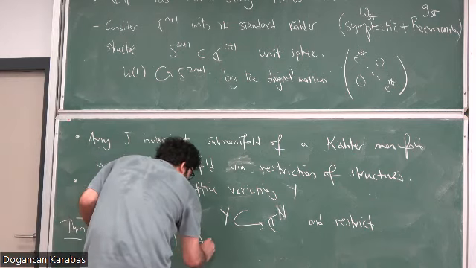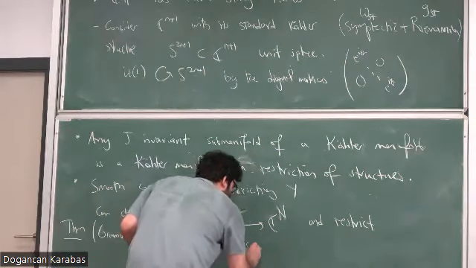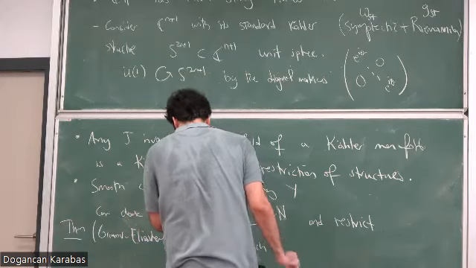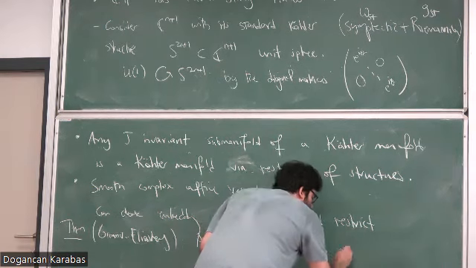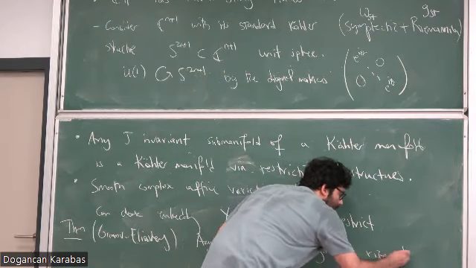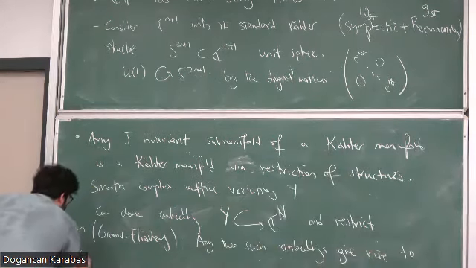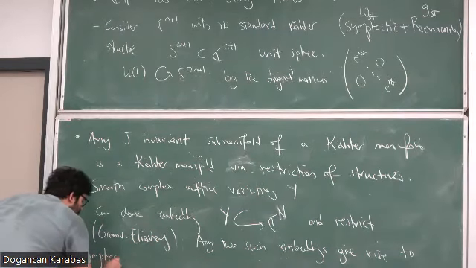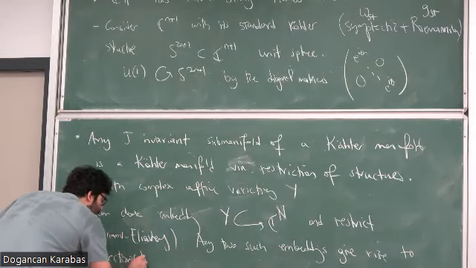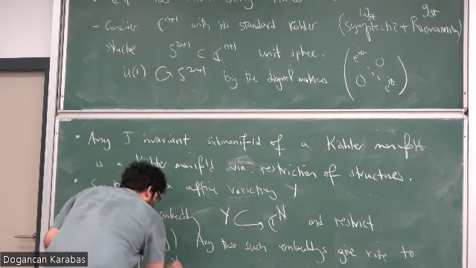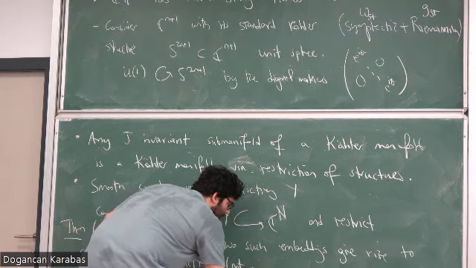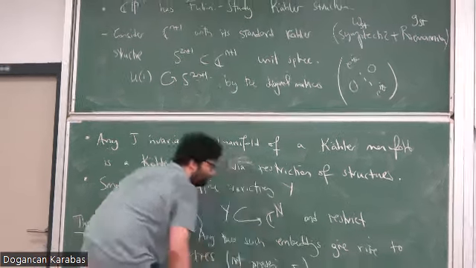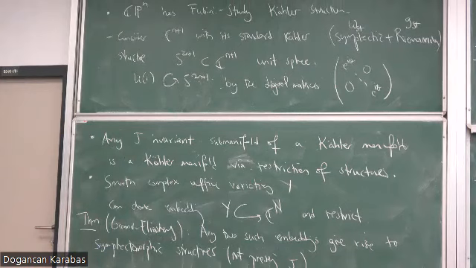It says any two such embeddings give rise to symplectomorphic structures, not preserving J. Okay, so what they say is you do this in two different ways.